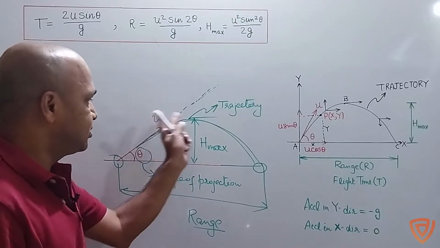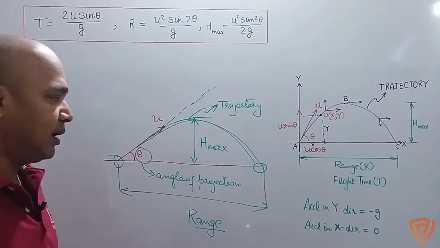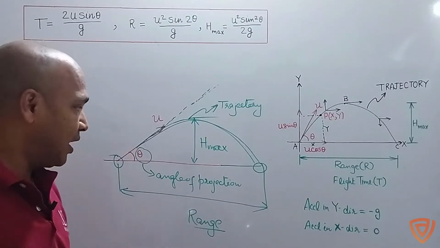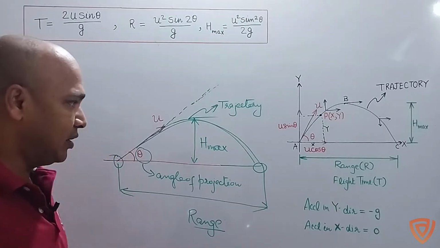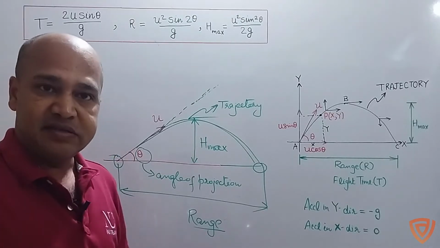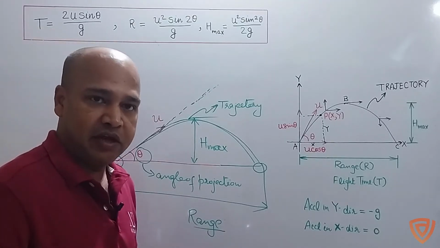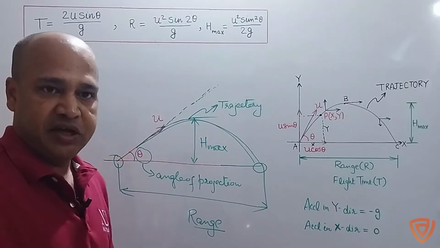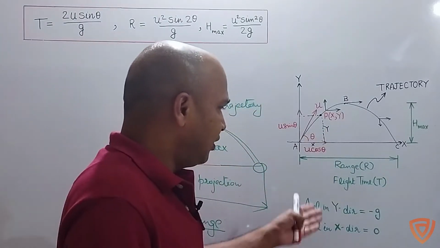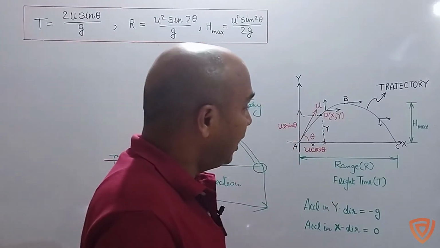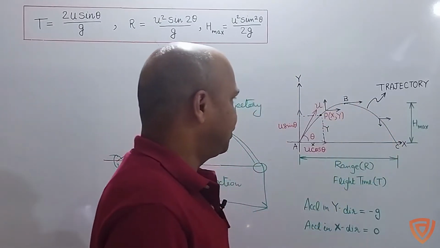During the entire flight it takes a certain amount of time, and that time is called the flight time of the projectile. So the terms associated with projectile motion are range, flight time, maximum height, and trajectory of the projectile.